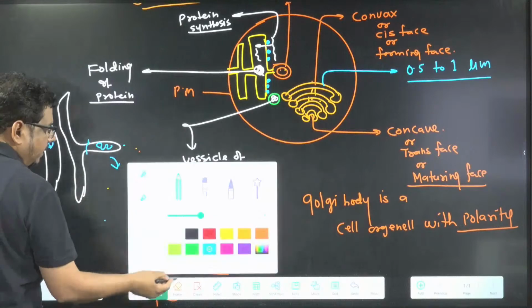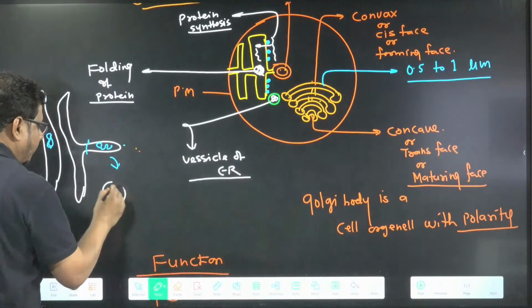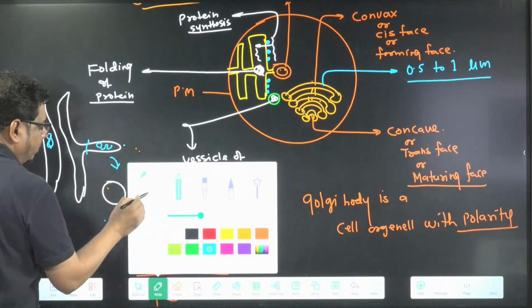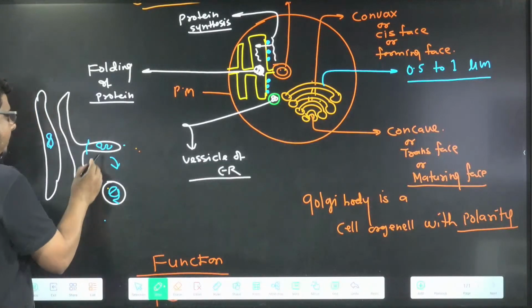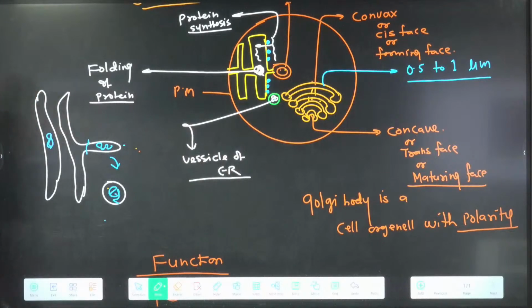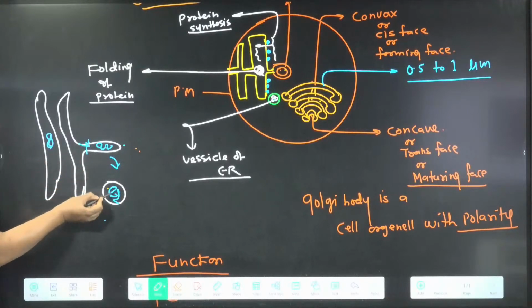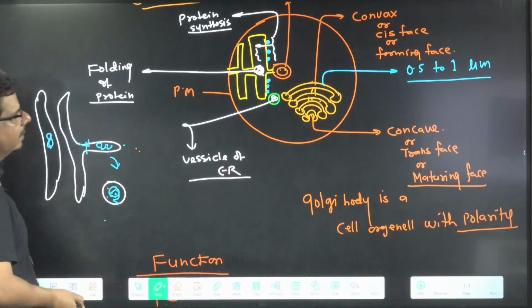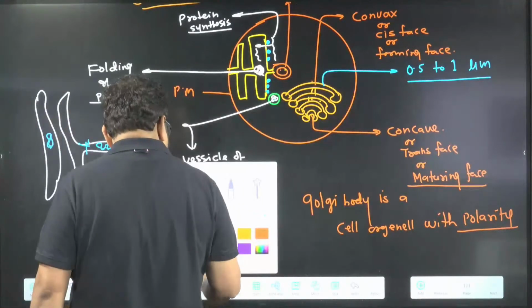After detaching, it becomes this kind of a cycle, and this protein is present here. How did this protein come into the vesicle of ER? You got the idea? This is the lumen. Evagination occurs: the protein enters, then it detaches from here, and this protein is packed in the vesicle of ER.